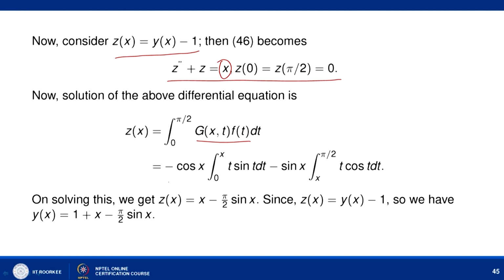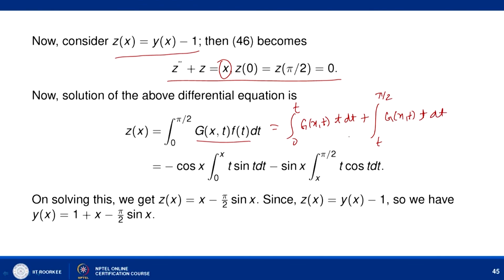So, z of x is equal to the integral from 0 to pi by 2 of g(x,t) t dt. Now, depending on the domain you have to use different values of g(x,t). So, you can write it as the integral from 0 to t of g(x,t) t dt plus the integral from t to pi by 2 of g(x,t) t dt.